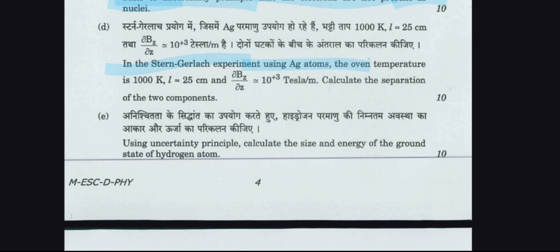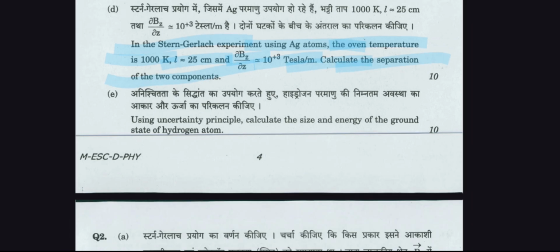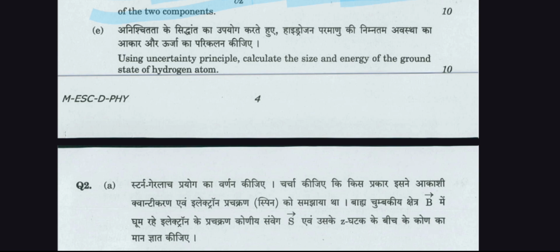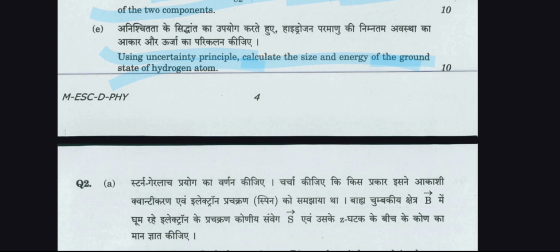The atoms are at a temperature of 1000 Kelvin, L is equal to 25 centimeter, and del Bz by del z is proportional to 10 to the power plus 3 Tesla per meter. Calculate the separation of the two components. Question E is here. Using the uncertainty principle, calculate the size and energy of the ground state of the hydrogen atom.